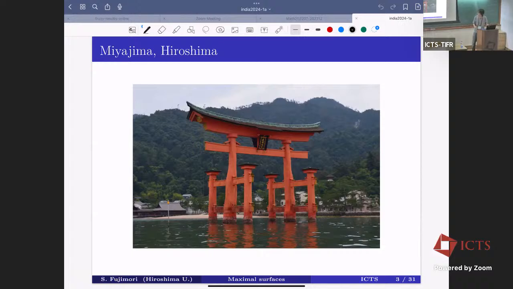It's an island with a big shrine. This is the gate of the shrine, and the unique point is that the shrine is in the ocean. This is also a very famous place, and on this island there are many deer walking around the road. So if you have a chance to come to Hiroshima, please visit.